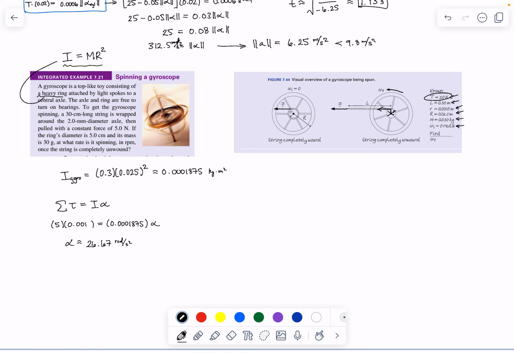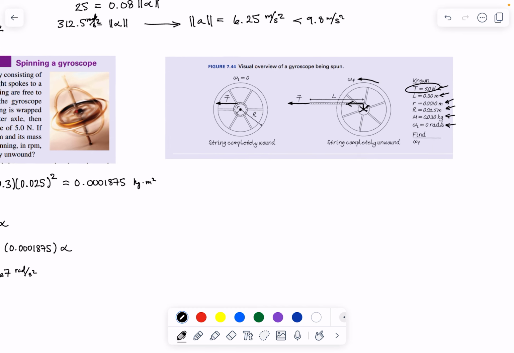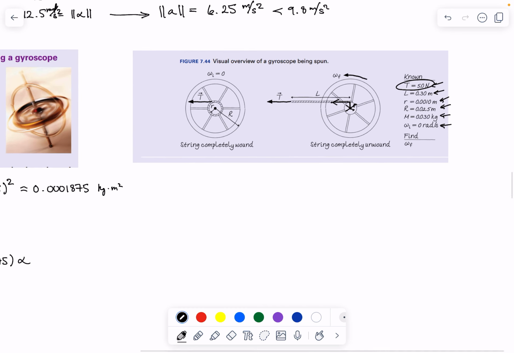Okay, and from this point, you can actually do this in multiple ways. Because if we completely unwind this string, you can think of this as a change in x, some sort of distance. And we know if this string is not slipping, that there's a relationship. We know that delta theta times r is going to equal that change in distance.